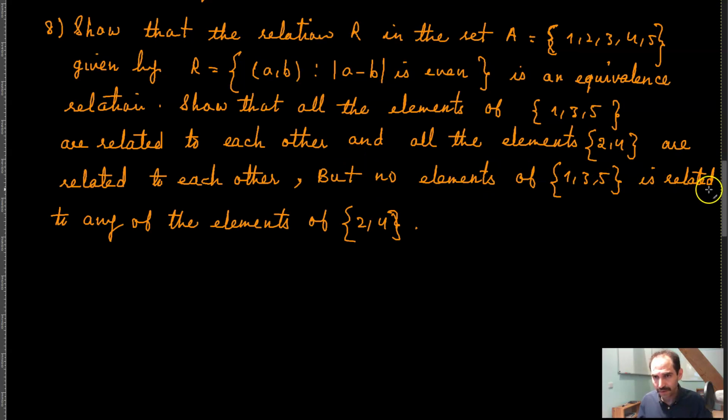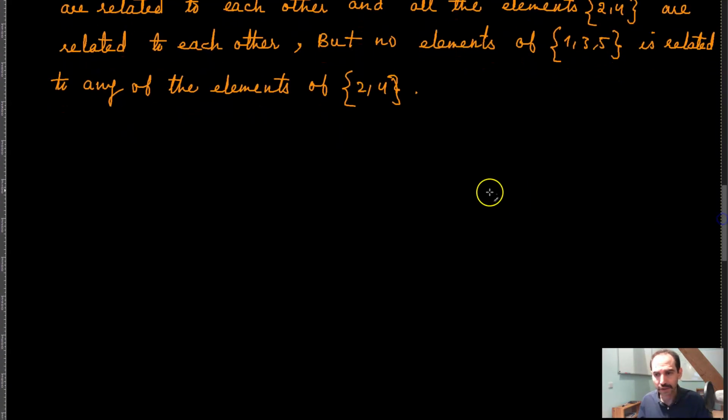So first of all, for a relation to be an equivalence relation, you know that it has to be a reflexive relation, a transitive relation, and also a symmetric relation.